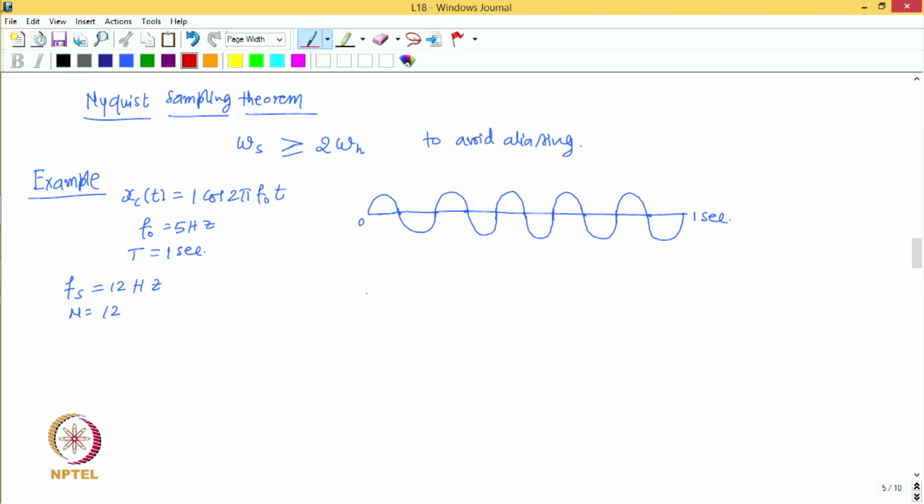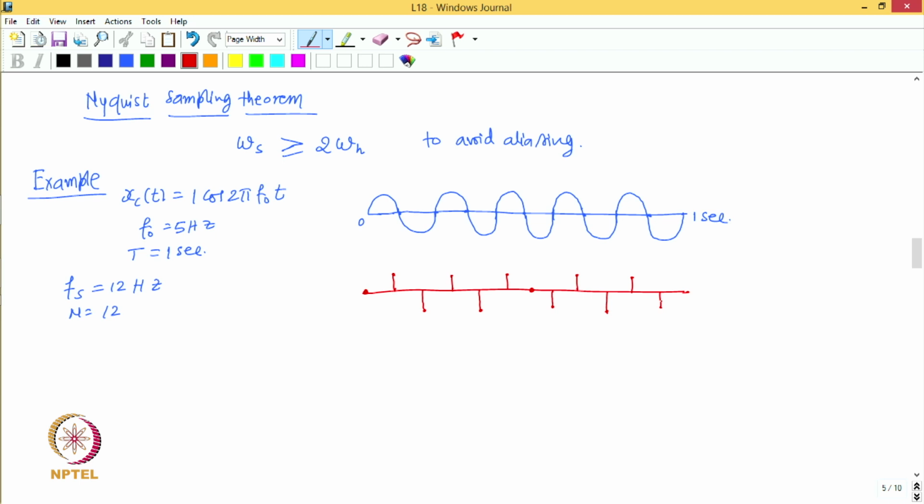So, we have this like this, and then we have first sample here, then we have a sample here, and then we have a sample here somewhere, then we have a sample here, then here, then here, and then we have a sample here, here, here, and here, and here.